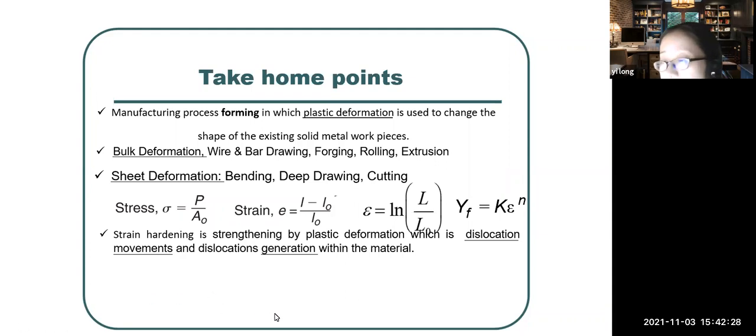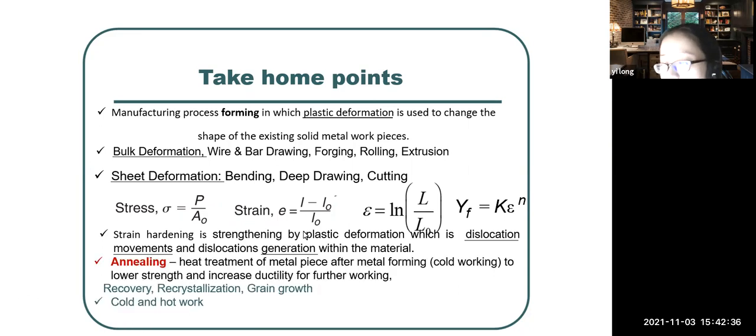Once you have more and more dislocations, there are a lot of interactions, which make the material stronger. And annealing: how can we get rid of these dislocations? We can use annealing. Annealing is heat treatment of a metal piece after metal forming to lower the strength and increase the ductility for further work. So the purpose of annealing is to lower the strength and increase ductility.